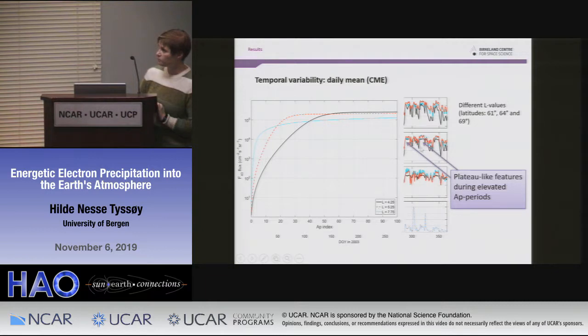But we should be aware that it is a maximum value, and it is representative for all L shells, so it basically reaches a maximum value at about 40 AP. Everything above will give you the same fluxes when you use it in a model. But that also means that there will be large variability associated with the low AP values.